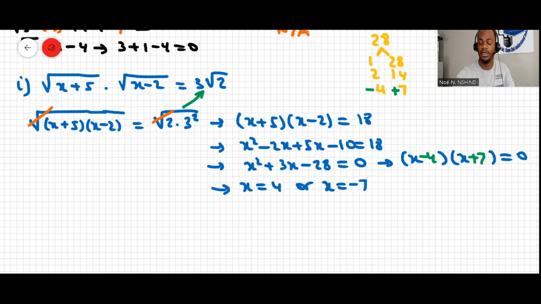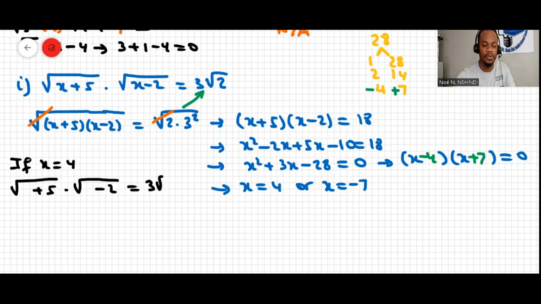Now, we can check for the valid answer. If, for instance, we let x be equal to 4, I'll sub the value of 4 for x. This will be square root of 4 plus 5 multiplied by square root of 4 minus 2 equal to 3 root 2.